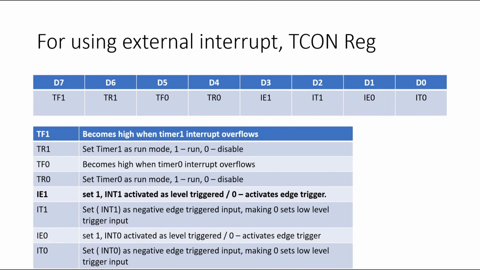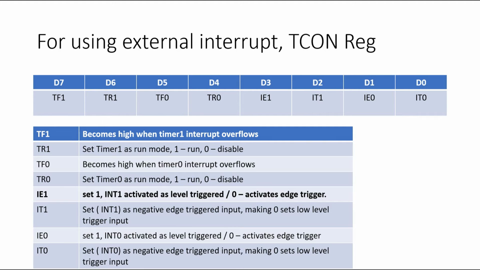Now this has enabled the interrupt. Now how you want that interrupt to function is decided using this TCON register. Now as you can see, there is TR1, TF0, TR0, IE1, IT1, IE0, IT0. Now for all these bits, I am currently interested in IT0 bit because if I set it, my interrupt will be triggered as a negative edge.